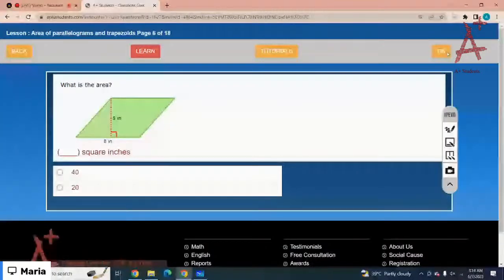Okay, what is the area? So you have to do base times height. Base is 8 and height is 5. It would be 8 times 5.